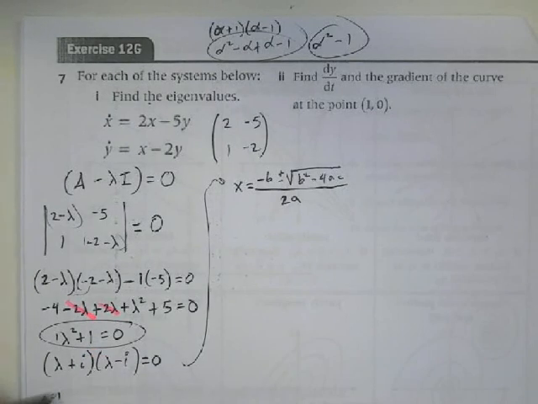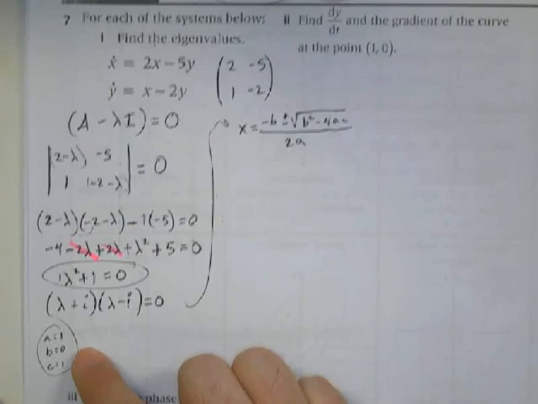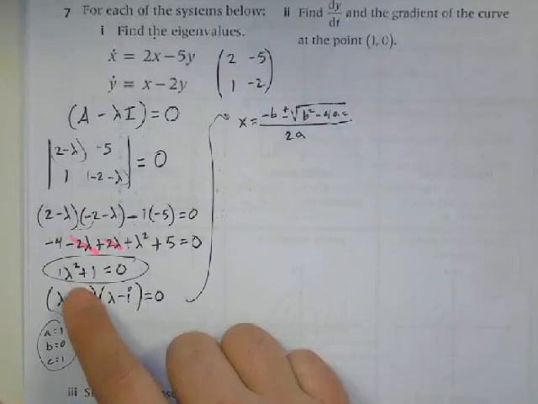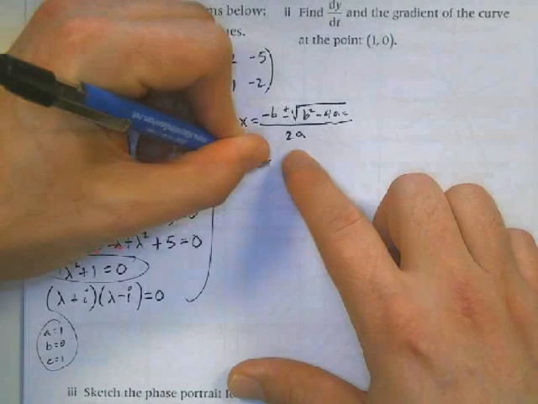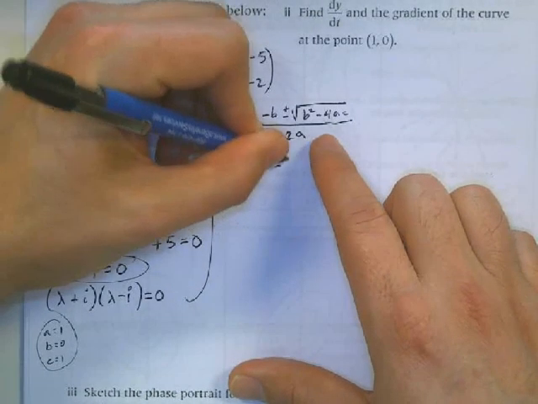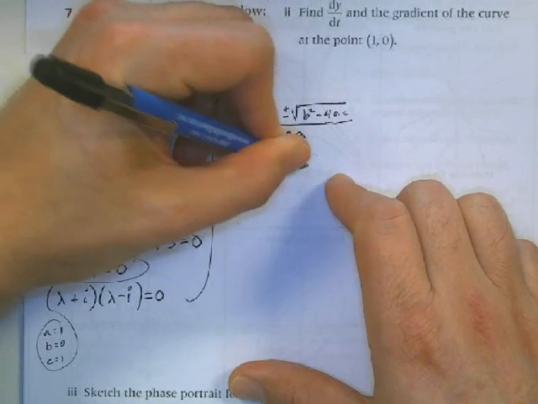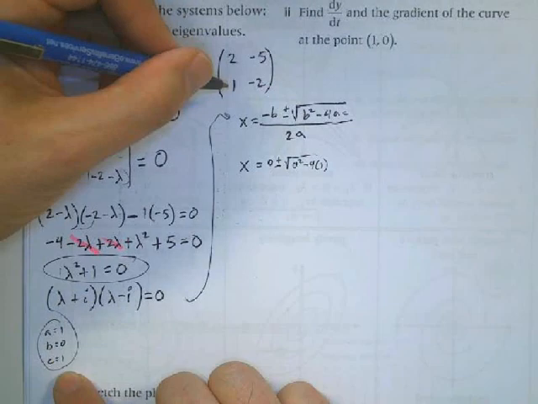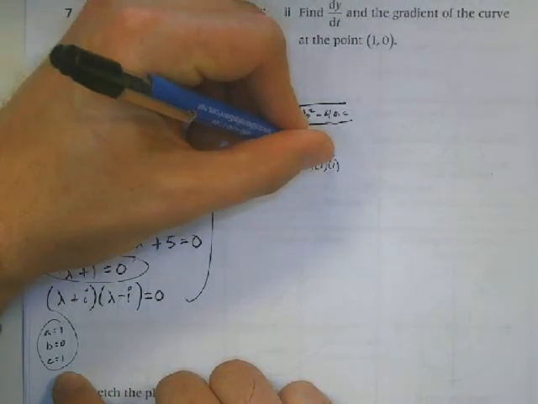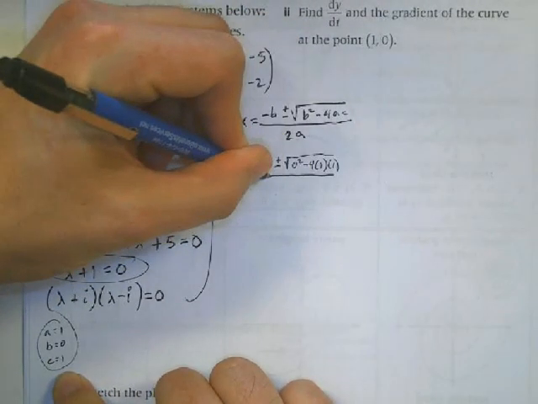Right? So if I wanted to plug this into the quadratic formula, b is 0, so I have x equals 0 plus or minus square root of 0 squared minus 4 times 1 times 1, all over 2 times 1.